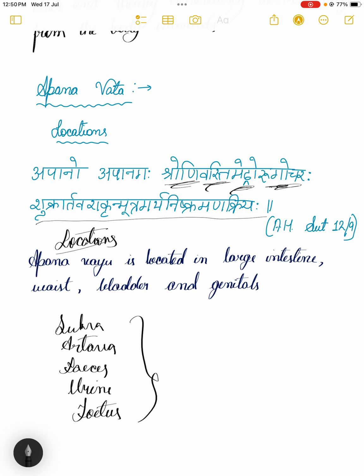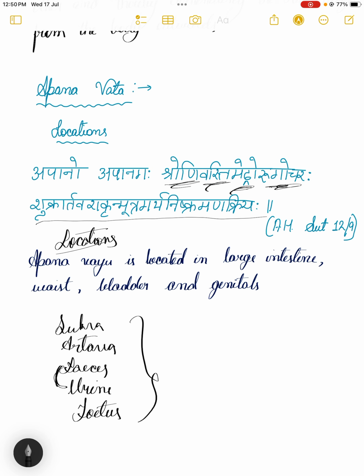Just like that, during any kind of micturition process or defecation process, or especially during childbirth or labor, there is strong contraction of the smooth muscles in the body, and also there is peristalsis. Now definitely this peristalsis helps in expulsion of these things out of the body. In the same manner, the Apan Vayu also helps in eliminating the waste products, or not everything is waste, because Garbhini is not waste, only the Shakrin and Mutra are the waste.